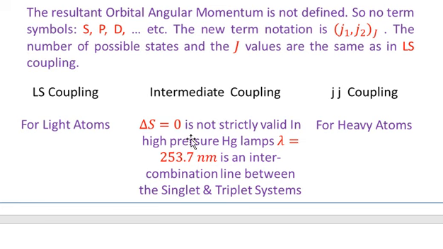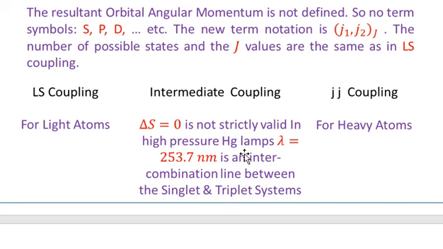For the intermediate coupling, delta S equal to 0 is not strictly valid, because delta S equal to 0 is strictly valid only for the LS coupling. Here I have shown that for those atoms which are neither lighter nor much heavier, the intermediate coupling will be applicable, and for those atoms delta S equal to 0 is not strictly valid. That is, transitions between different multiplicity states will be possible.